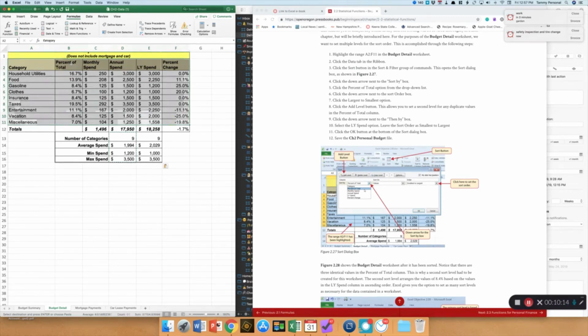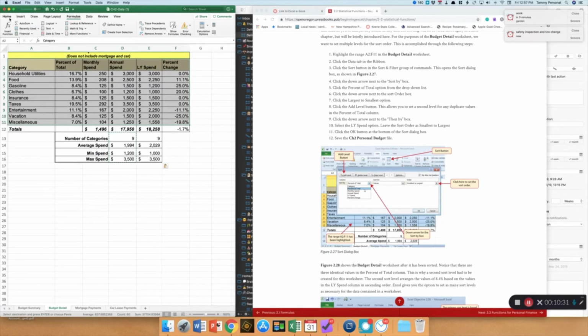Because if you just sorted the column, you'd be totally screwed up. You want to move all of this stuff around and sort all the data that's attached to each category by the percent of total.